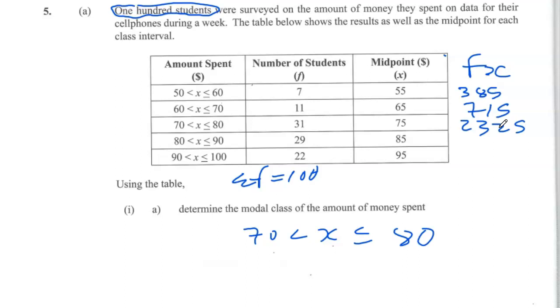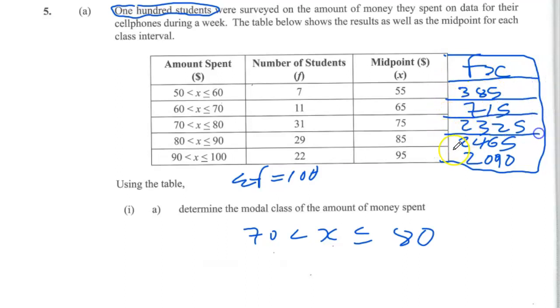And 29 times 85, that's 2465. And 22 times 95, that's 2090. Alright, so we create a new column with these values, of course.